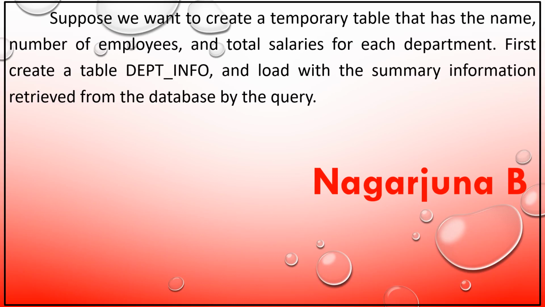For that purpose, first we shall create a table called DEPT underscore INFO, department info, and load it with the summary information retrieved from the database by the query. That is, first you have to create a table. After that you have to write the insert command such that it gets the result from the query, and that query result will be inserted into a table.